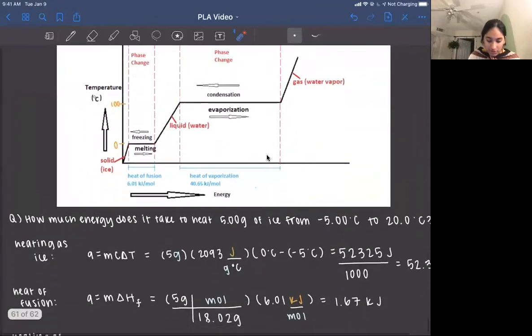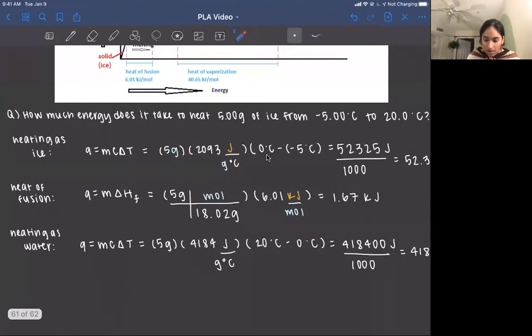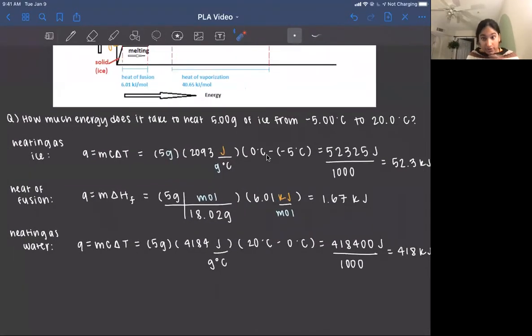Okay, so getting into a question, a lot of questions that they ask about phase change diagrams involve the amount of energy that is applied or absorbed by a piece of ice to go to either the liquid phase or a steam phase. So here we're taking a look at how much energy is needed to take 5 grams of ice and bring it to a temperature of 20 degrees Celsius.